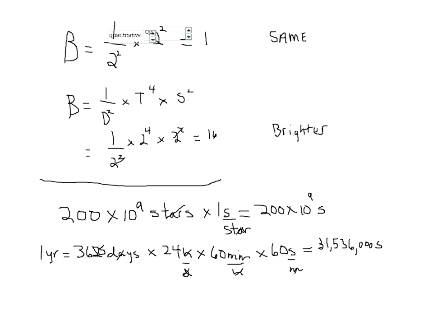So now we know how many seconds are in a year. So how many years will it be? Well, we have to convert seconds to years. So we'll have 200 times 10 to the 9th seconds times 1 year per 31,536,000 seconds.